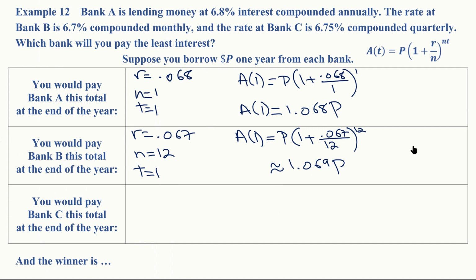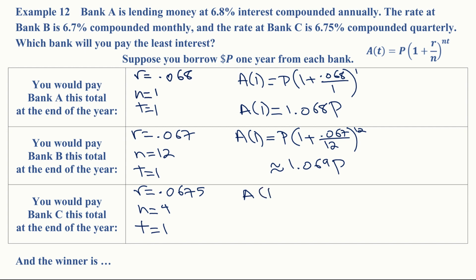And for Bank C, they're charging 6.75%, right? So that means 0.0675, right, as a decimal. And they're compounding quarterly, so that means n equals 4, right? And of course it's for 1 year again.